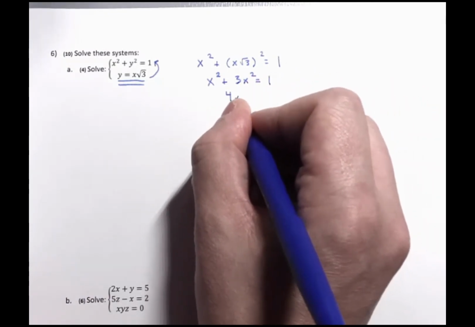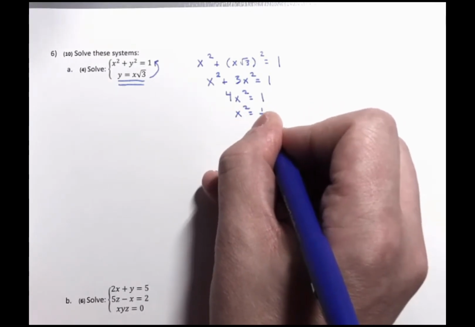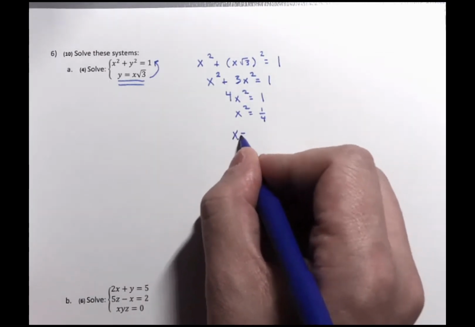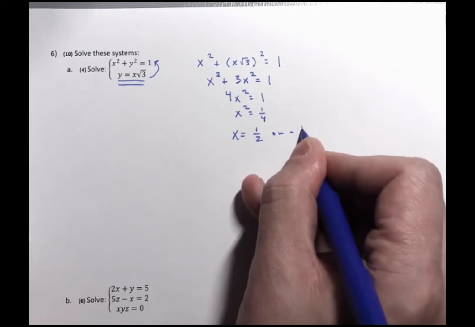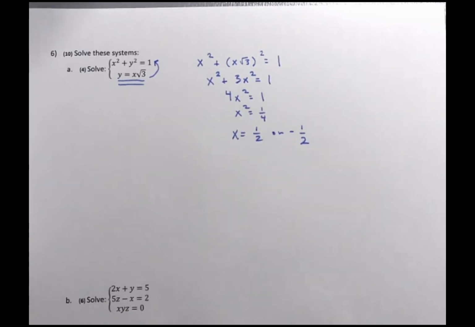In other words, 4x squared equals 1, and x squared is equal to 1/4. So once x squared is equal to 1/4, that means by taking the square root, x equals 1/2 or negative 1/2. So x can be either 1/2 or negative 1/2.